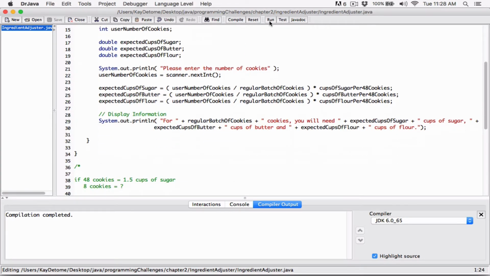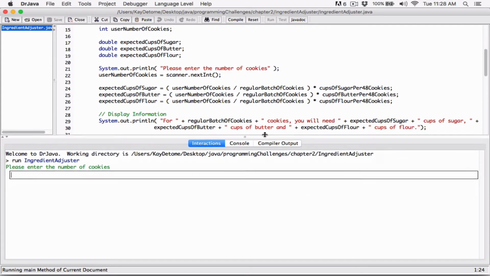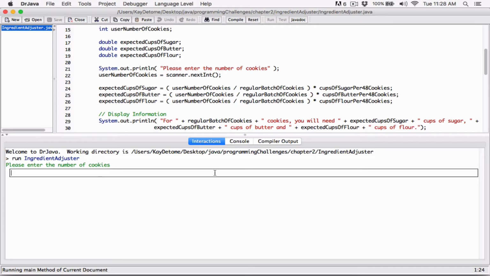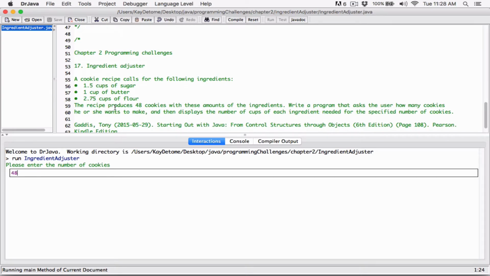So I'll go ahead and run it, and it's asking, please enter the number of cookies. So I'm going to enter 48. So 48 should give us these ingredients, because it said for 48 cookies, right? The recipe produces 48 cookies with these amount of ingredients. So it should give us 1.5 cups of sugar, 1 cup of butter, and 2.75 cups of flour.